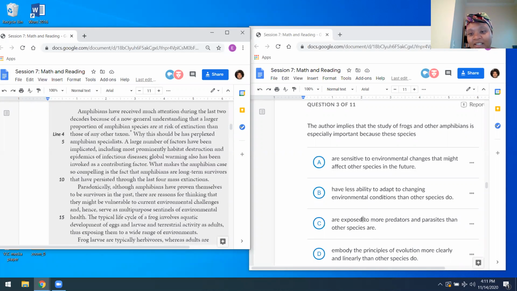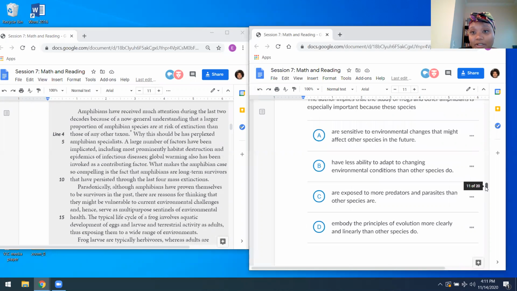I think that is the distinction for why C is incorrect. I think you guys should finish doing these questions because these are tricky, and I'm going to post the answers as well so you can check yourself. So the correct answer here is A.